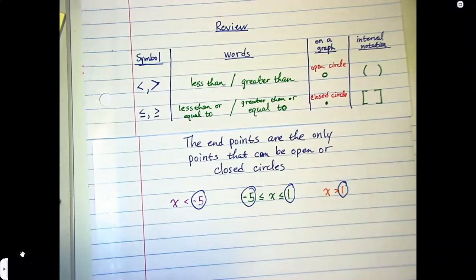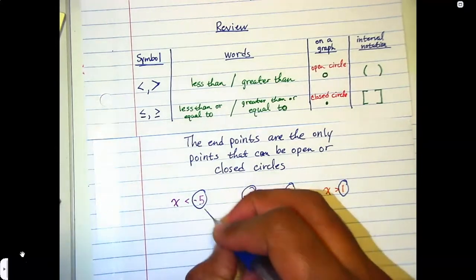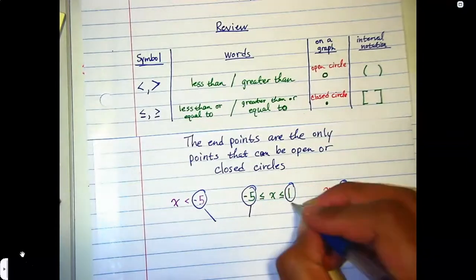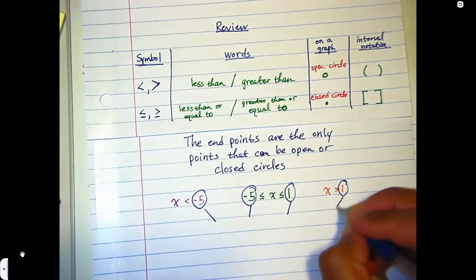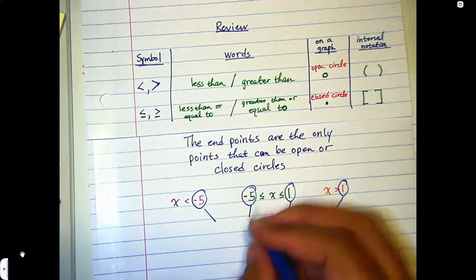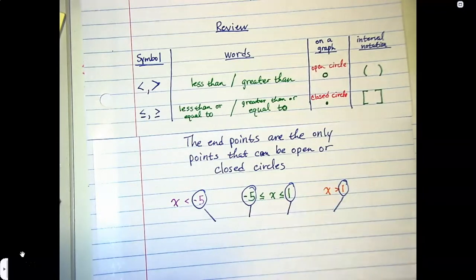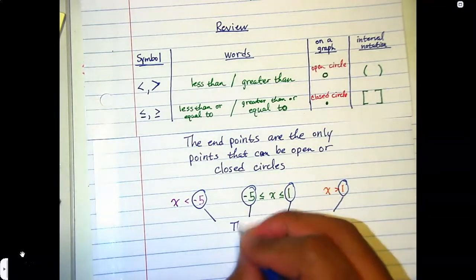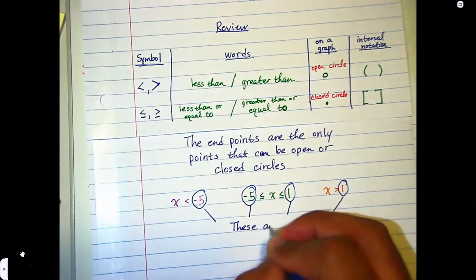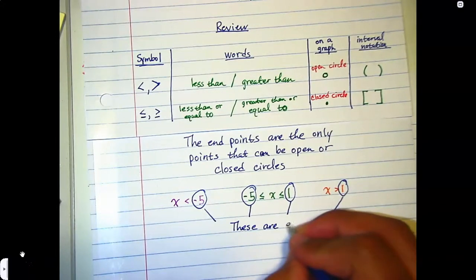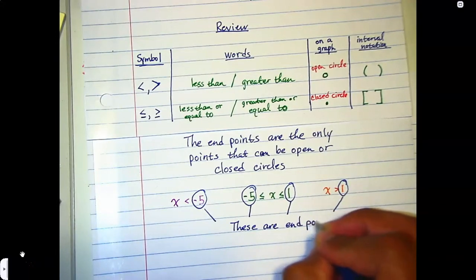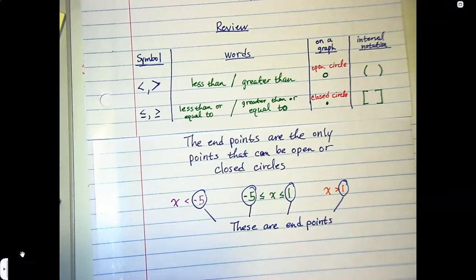I'm giving you a visual because some of you probably think endpoints are confusing. I pulled out the condition, the restriction, the domain, the intervals, and these numbers that I've circled are endpoints.